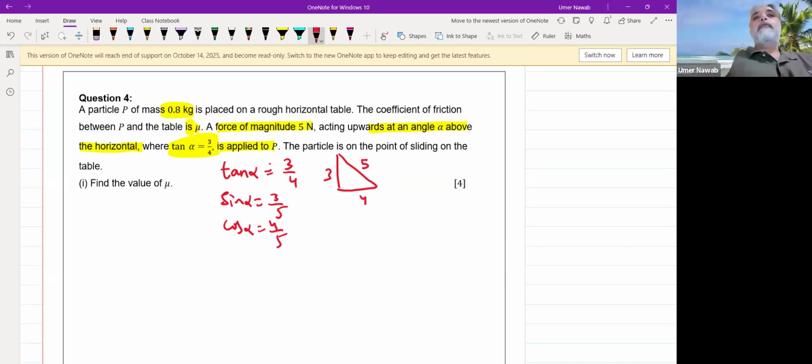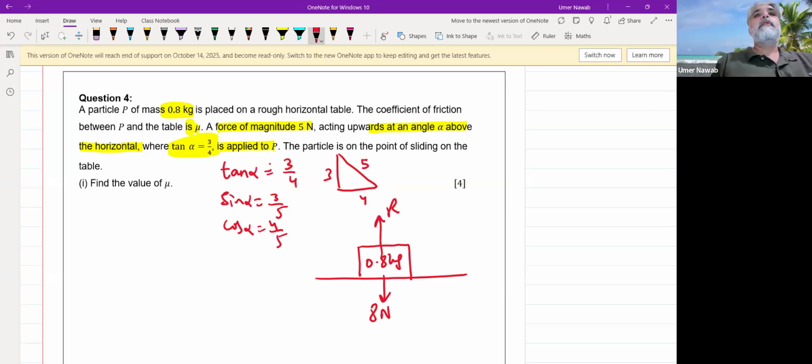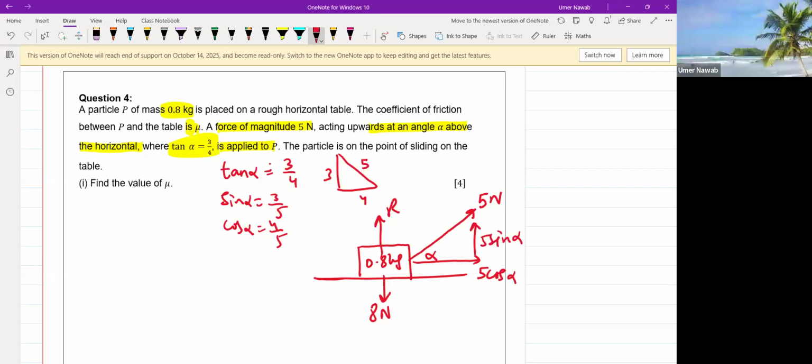Now, we have a horizontal table and there is a mass 0.8 kg, weight is 8 newtons and it is equal to R. The force 5 newtons is making an angle alpha with the horizontal. So this is 5 cosine of alpha and this is 5 sine of alpha and this is F max.